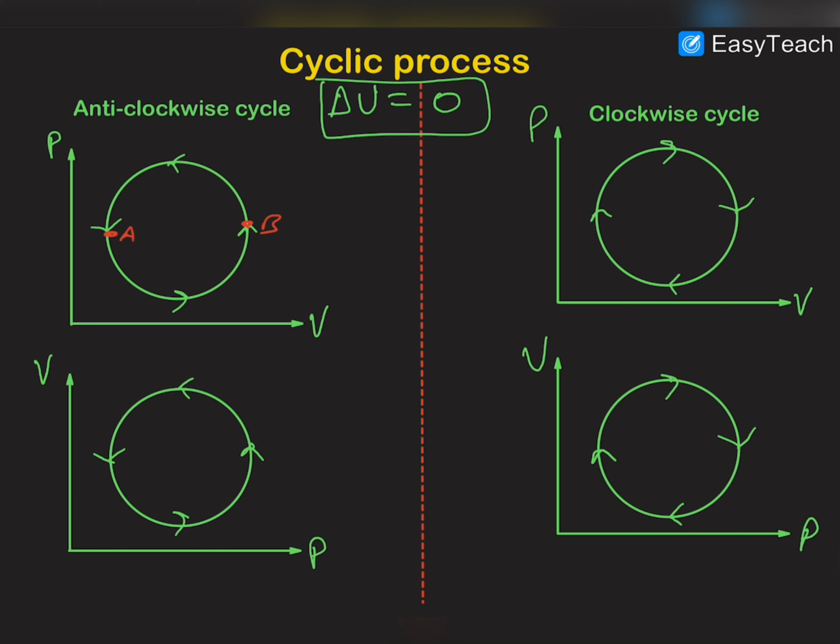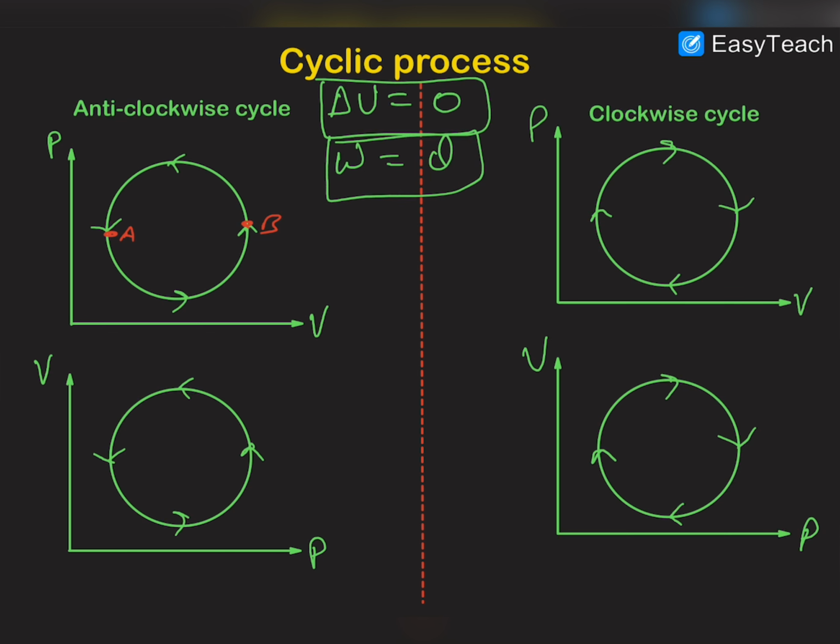If this gas goes from A to B and then again comes back to A, then the initial and the final temperature of the gas will be the same, and therefore delta U will be 0 in this case. So in any cyclic process delta U will be 0, and therefore the work done in a cyclic process will be equal to the heat supplied. This is a very simple thing.